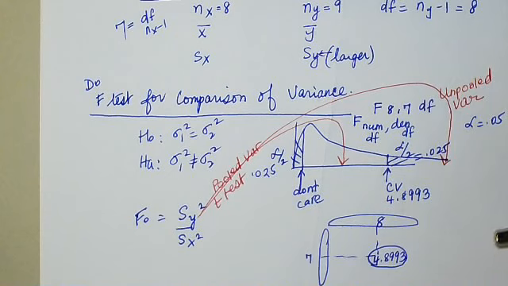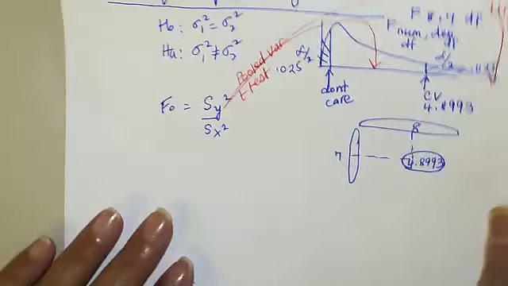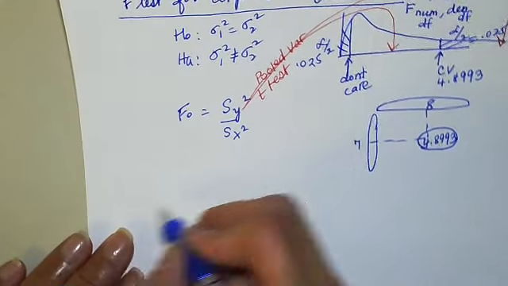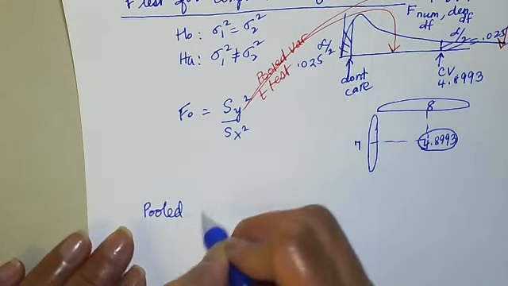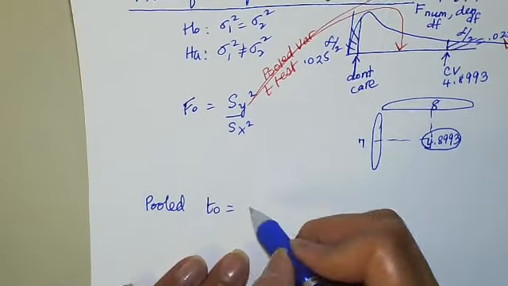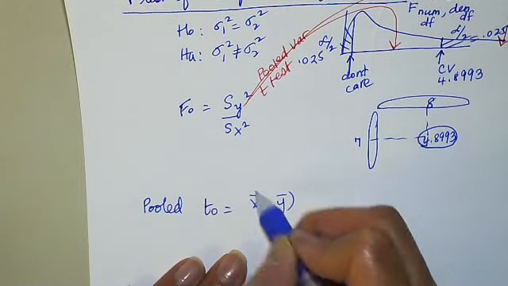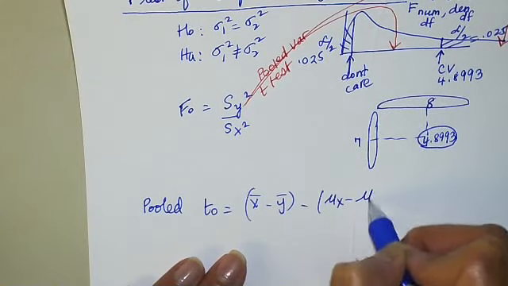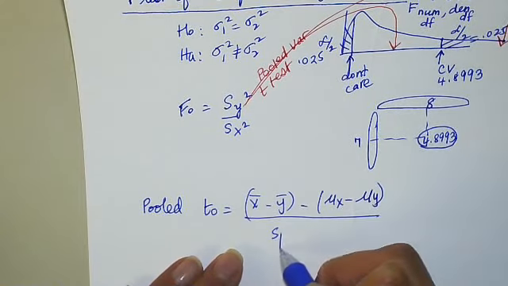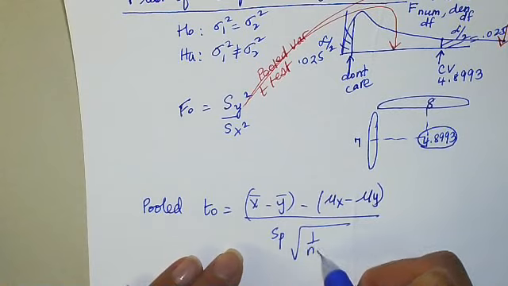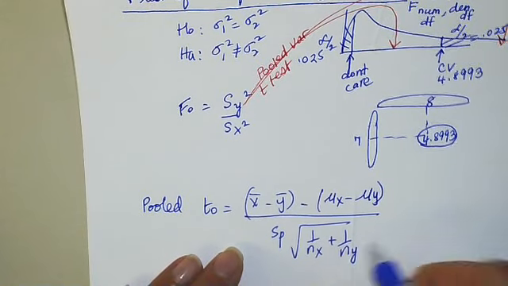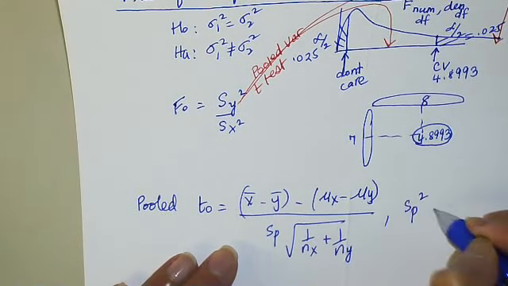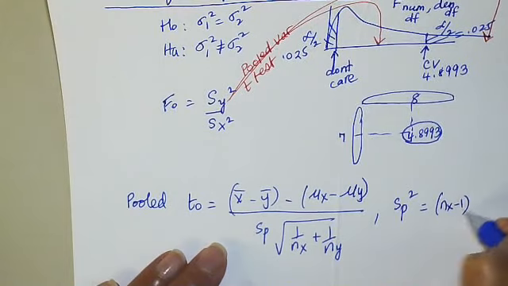And then you drop this number f naught into this picture. If it falls in here, you do a pooled variance t-test. And if it falls in here, you do an unpooled variance t-test.